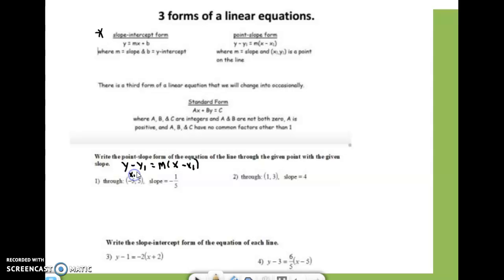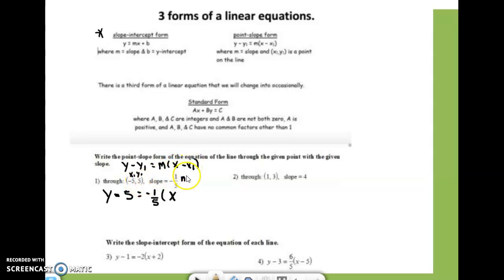Again, there's my x1, my y1, and my m. So it's as easy as plugging the y1 in, which is 5, the slope, which is -1/5, and then the last thing you're going to plug in is x1, which is -5.